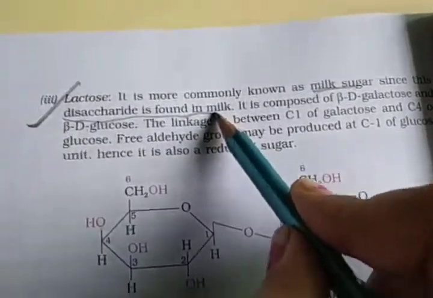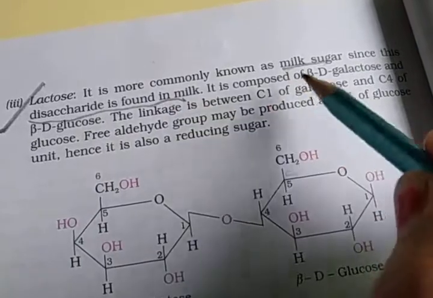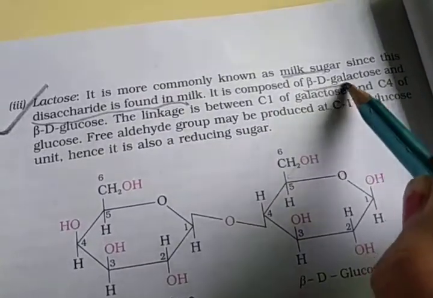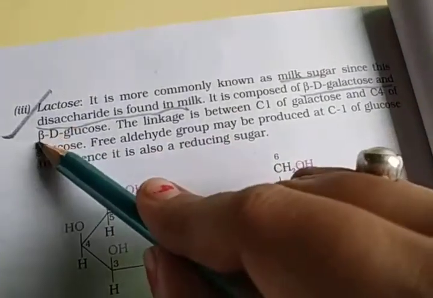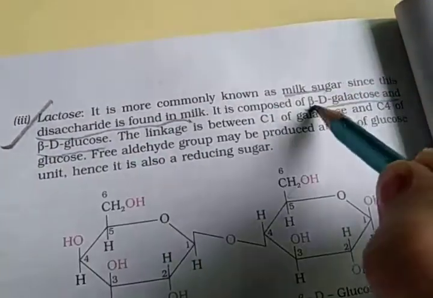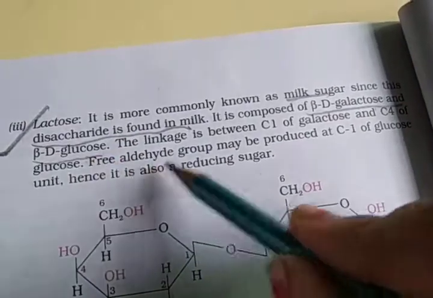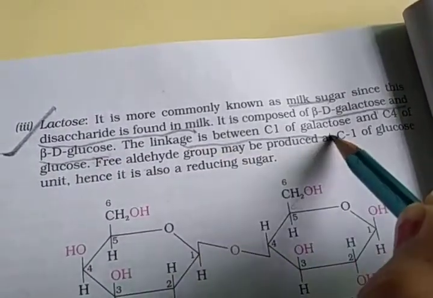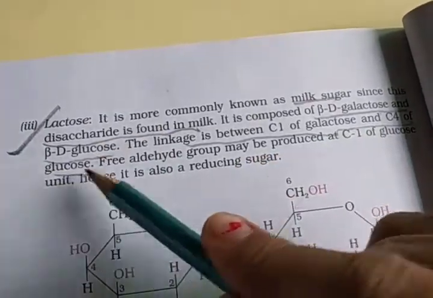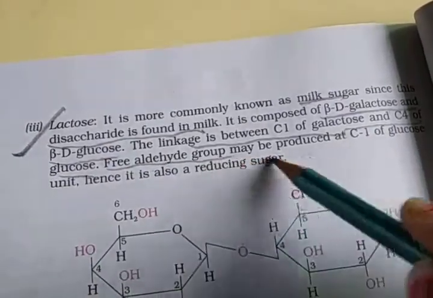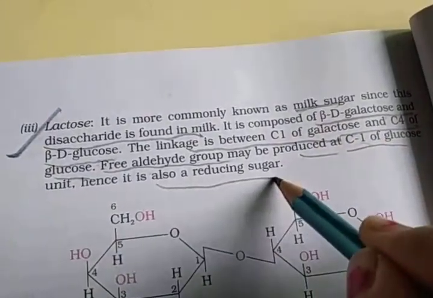It is composed of beta-D-galactose and beta-D-glucose. The first monomer unit is beta-D-galactose and the second is beta-D-glucose, and the linkage is between carbon 1 of galactose and carbon 4 of glucose. A free aldehyde group may be produced at carbon 1 of the glucose, so it is also known as a reducing sugar.